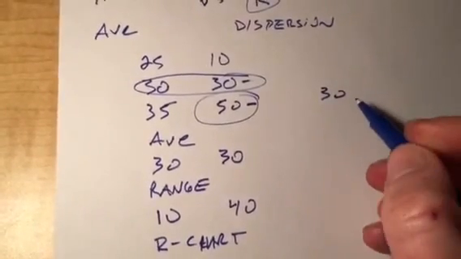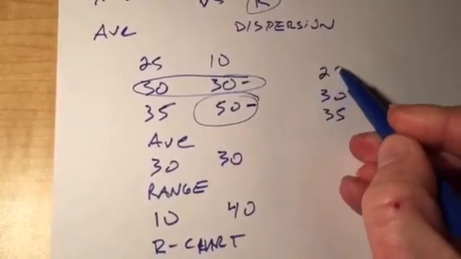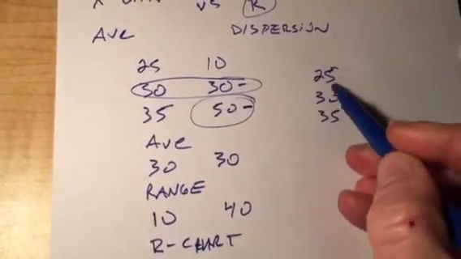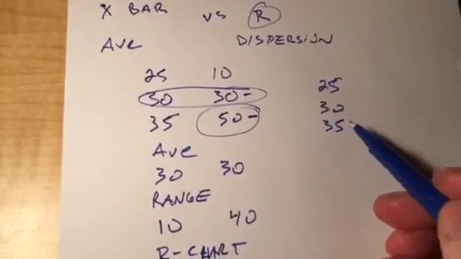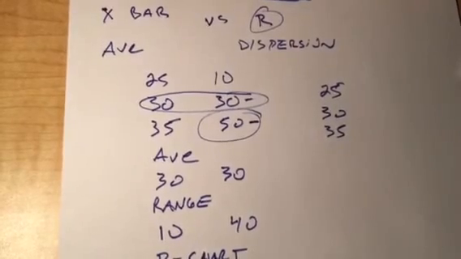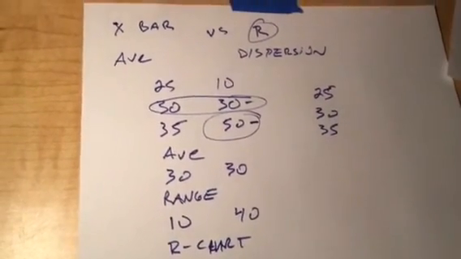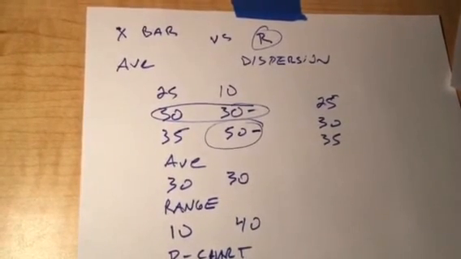Typically 30-minute wait. The most it ever seems to take is about 35. The least is about 25, and 25's happened about as much as 35. So the average is 30. Okay, but again, let's say something happens, something changes, new employee, who knows what.